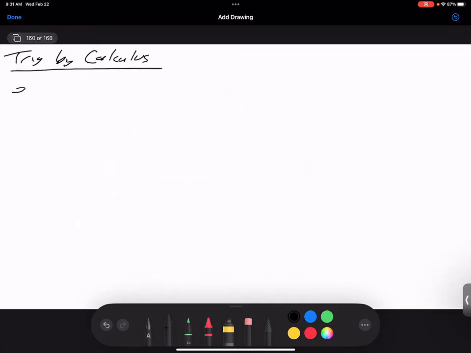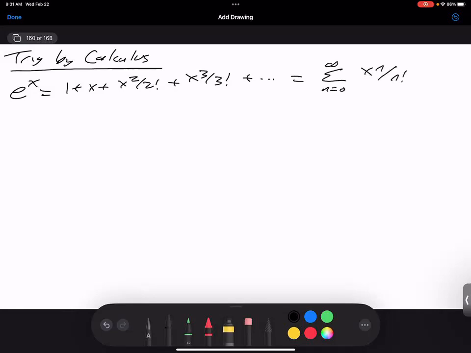So we know e to the x is 1 plus x squared over 2 factorial plus x cubed over 3 factorial plus dot dot dot, which is the sum, n goes from 0 to infinity, of x to the n over n factorial.